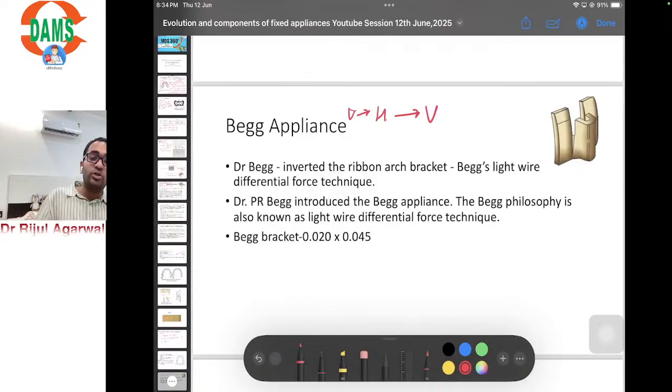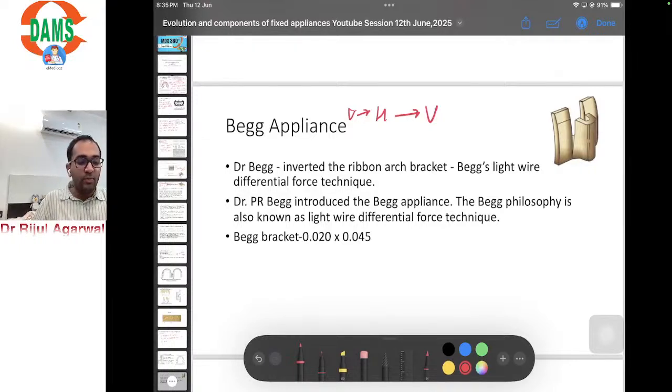So more time was wasted on preparing anchorage first and then moving the teeth. So what Begg modified was that he eliminated the need for heavy rectangular wire. He said use light, small forces, less need for anchorage preparation, less time taken for the treatment to get finished.